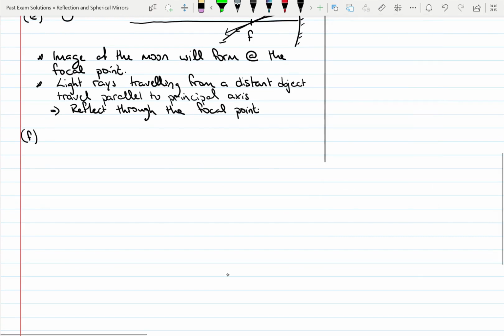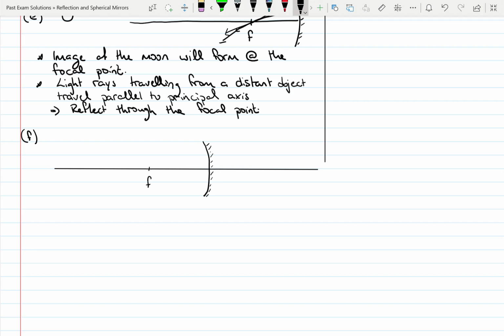First things first, I'm just going to draw my principal axis. There we go. Going to draw my concave mirror. Dashed line at the back representing that that's the back of our concave mirror, and I'm going to put my focal point there.